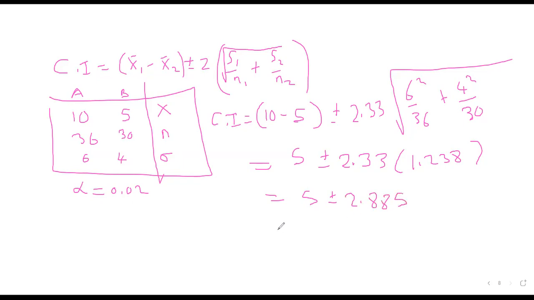What is our lower bound? 2.115. The upper bound? 7.885.